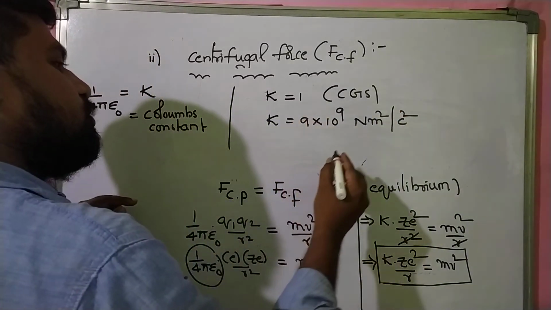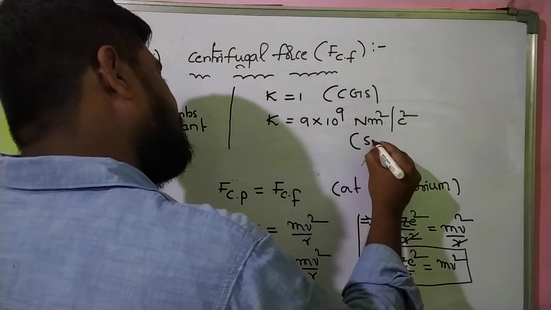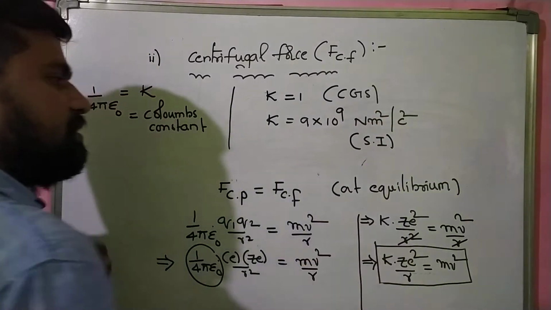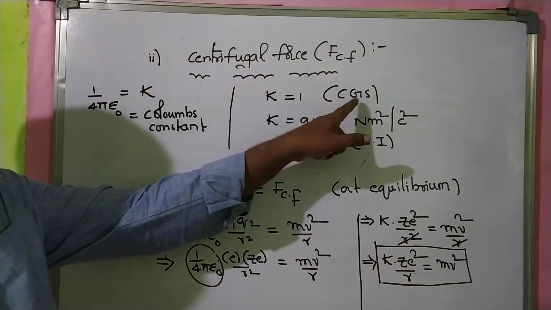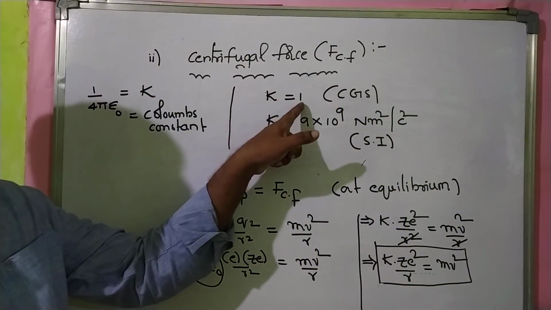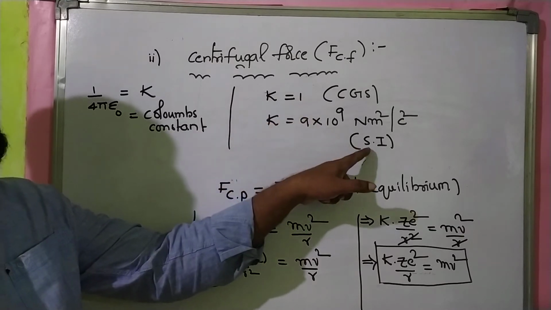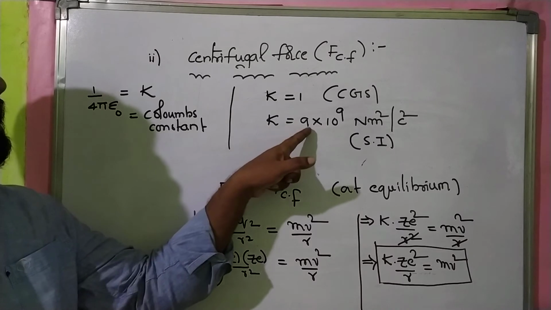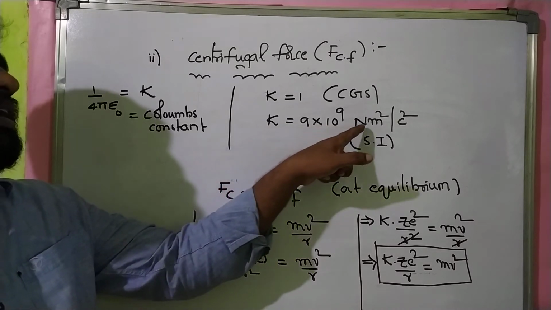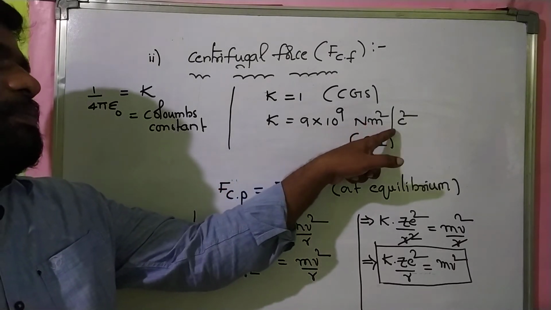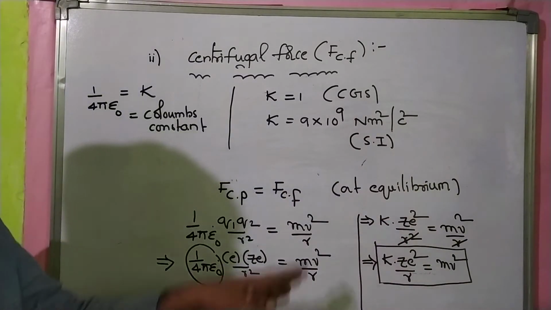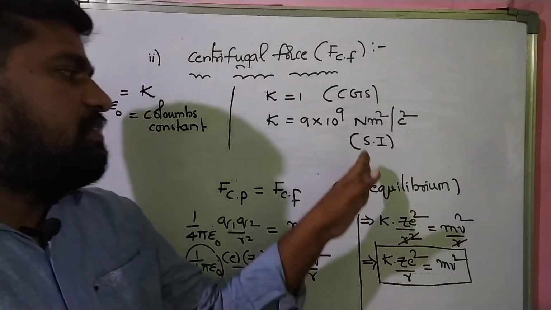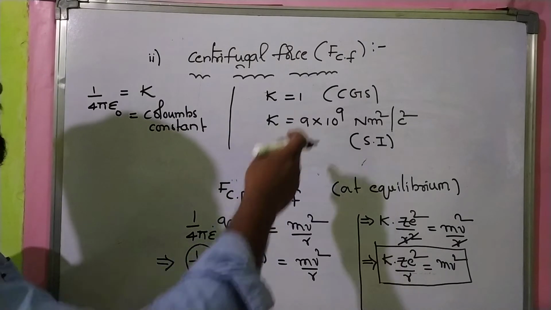So the CGS unit of K is unity, and the SI unit of Coulomb's constant K is 9 into 10 to the power of 9 Newton meter square per Coulomb square. Listen everybody, very, very important. Please note up to this.